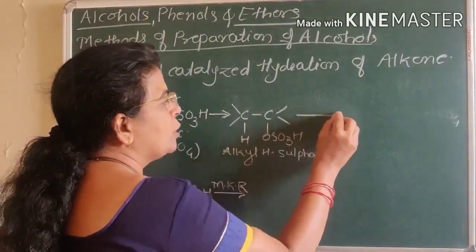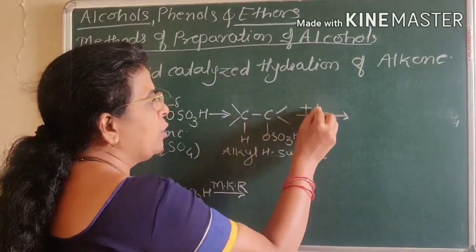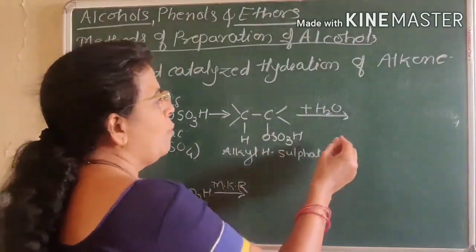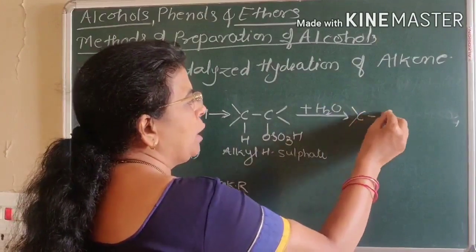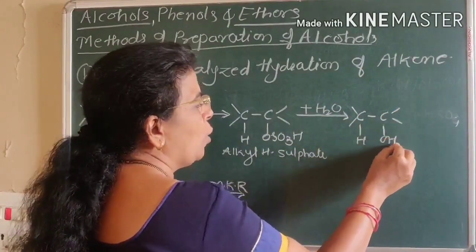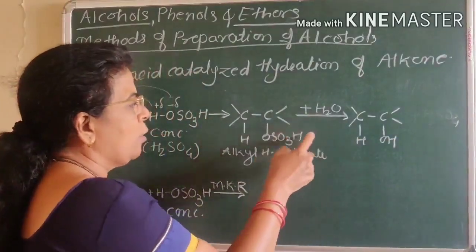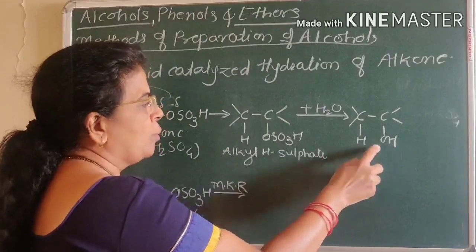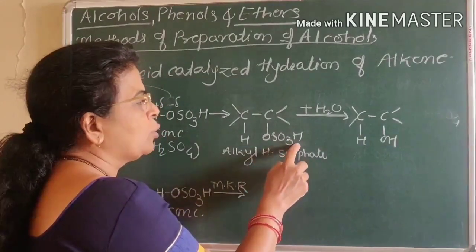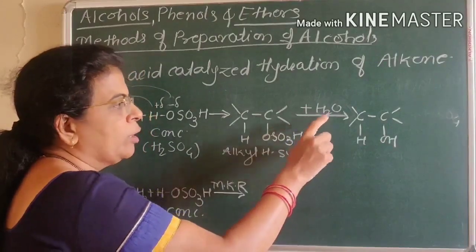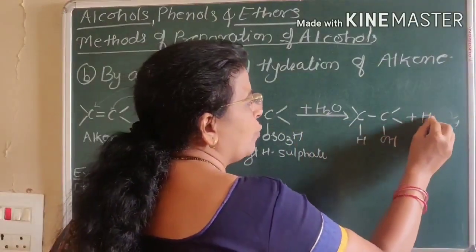This alkyl hydrogen sulfate undergoes addition of a water molecule, that is hydrolysis, to form the alcohol. That is, this OSO3H group is replaced by a hydroxy group, and the OSO3H group gets attached to one hydrogen atom of water to form H2SO4.